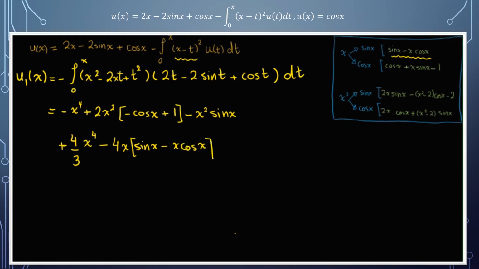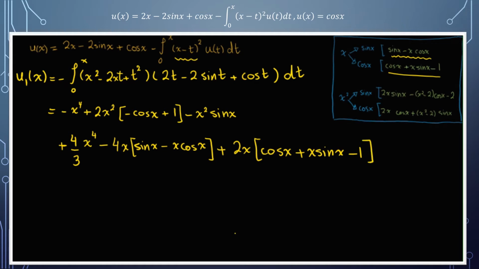Okay, and then we have here minus and minus positive, and here it's positive next to the cosine t, so it will be plus 2x, the integration of t cosine t, which is this part. Okay, so you write it down. It will be cosine x plus x sine x minus 1.